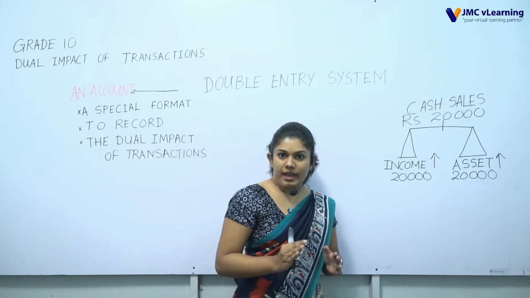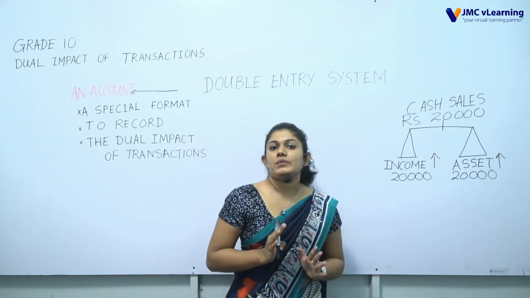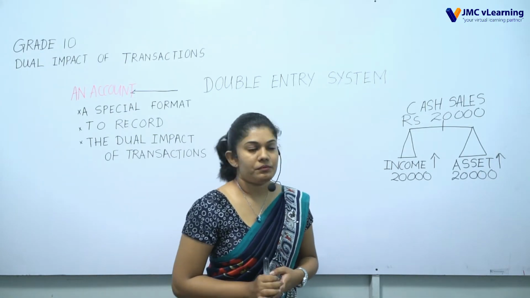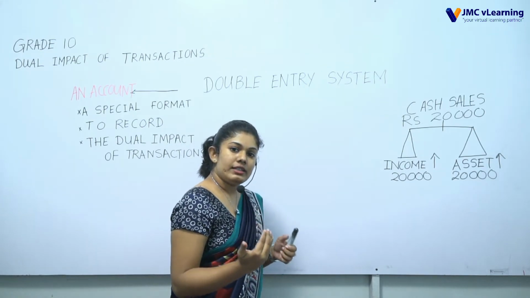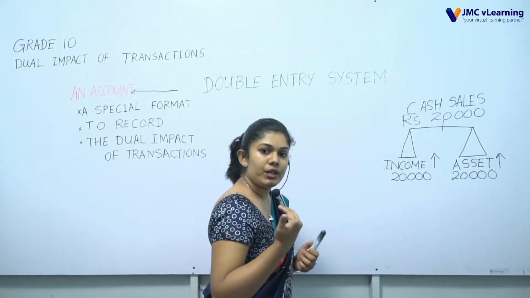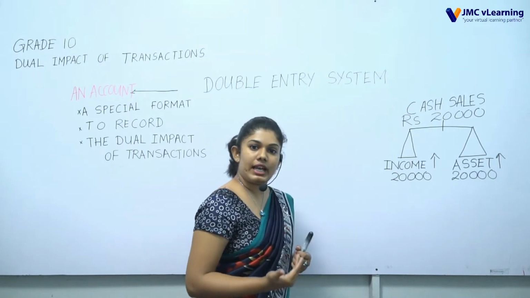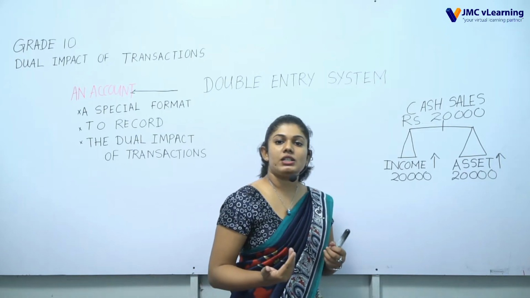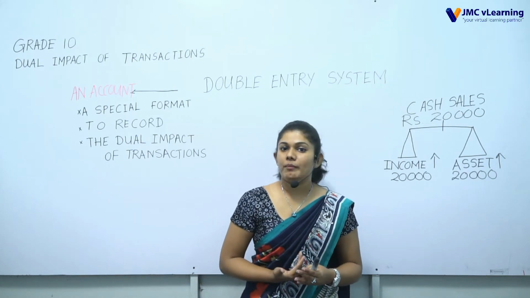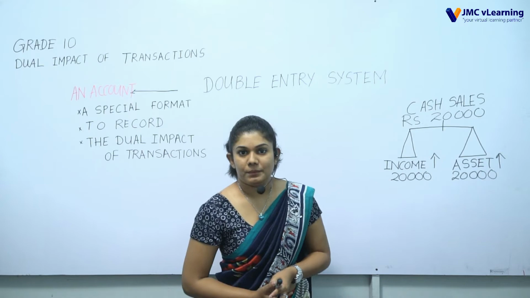So, we have 5 types of accounts. Under this double entry system, the double entry system means the system of recording the dual impact of transactions. To record the dual impact of transactions, we use a special format called an account.